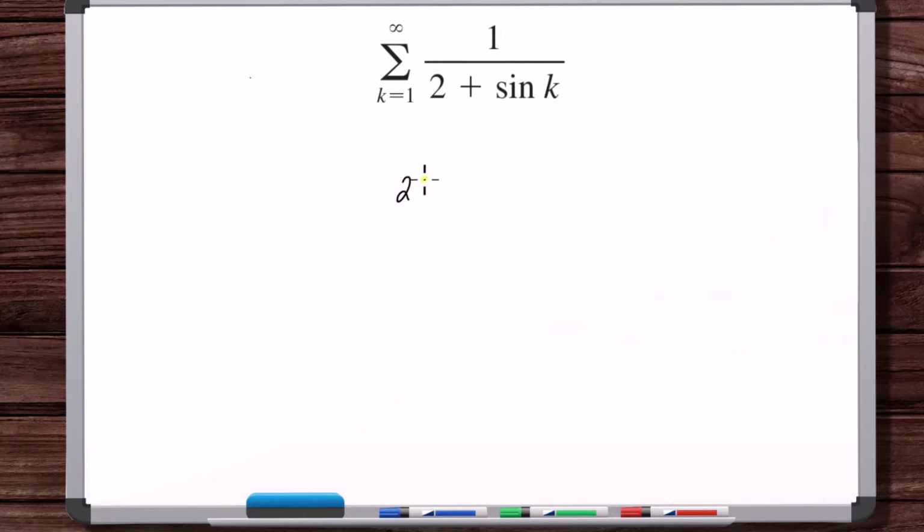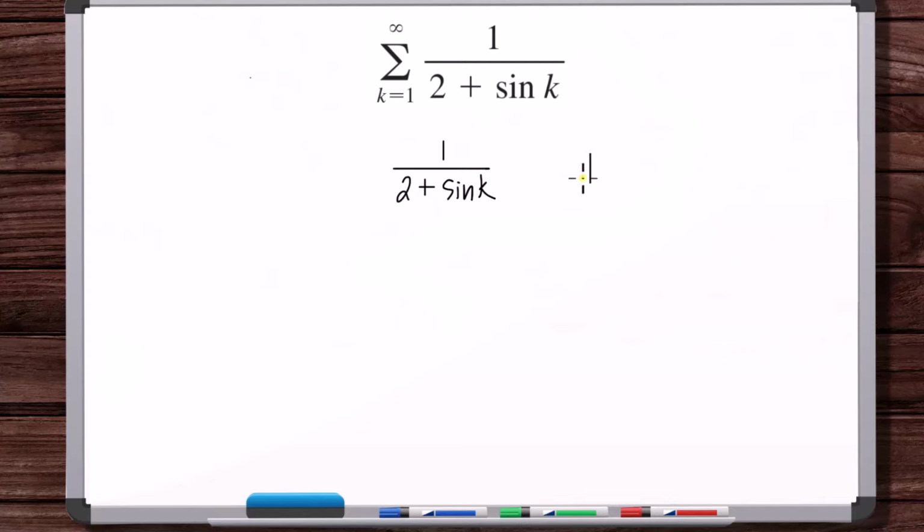But if we think about, all right, we can compare this to 1.